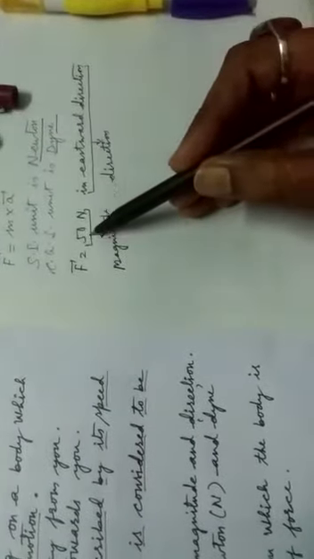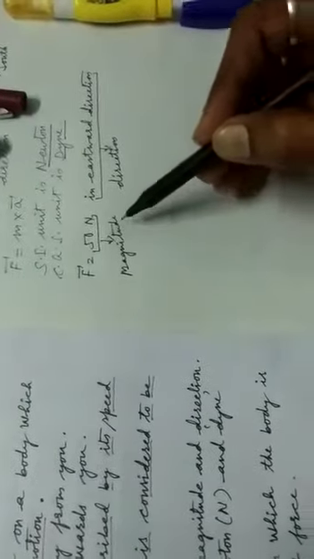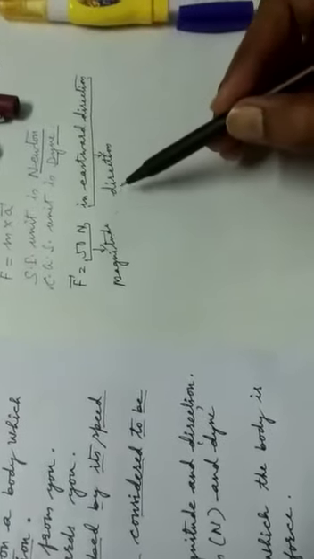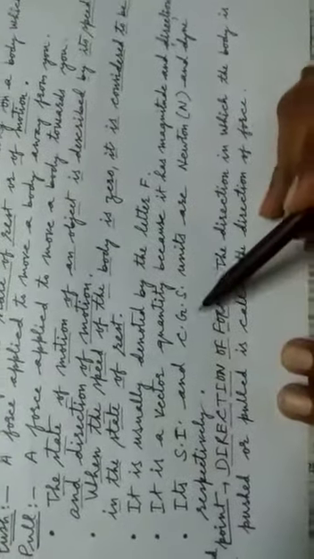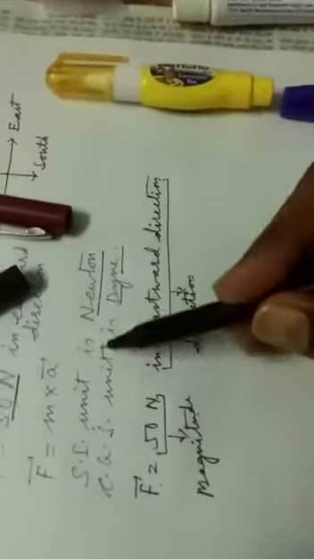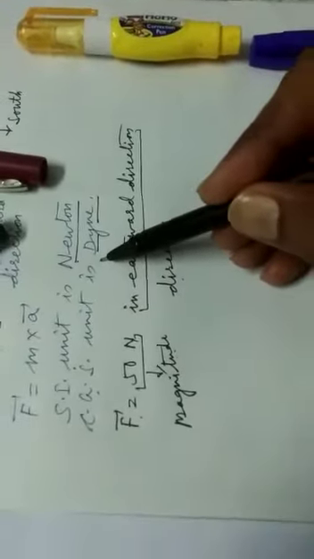The force is applied in the eastward direction, and 50 Newton is the magnitude. Magnitude and direction both are present, so it is a vector quantity. The SI unit of force is Newton and the CGS unit of force is dyne.